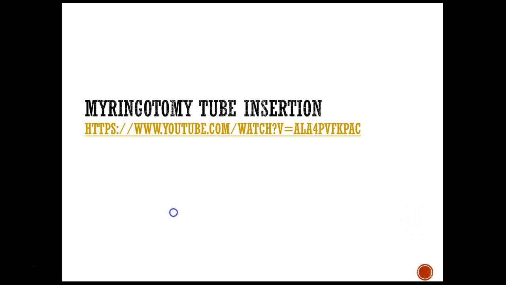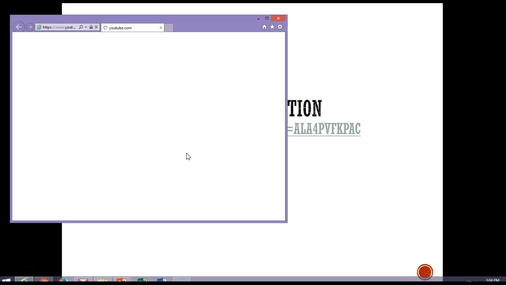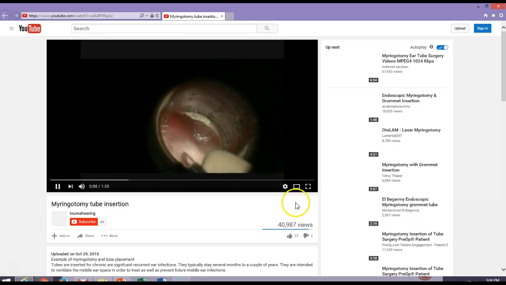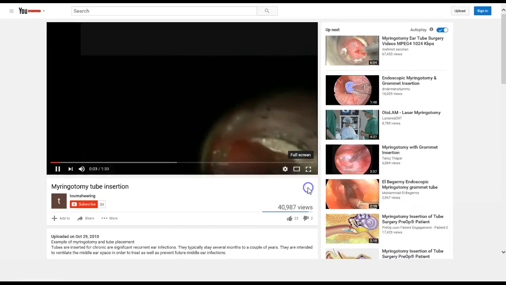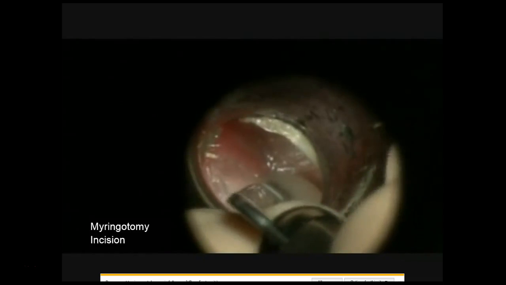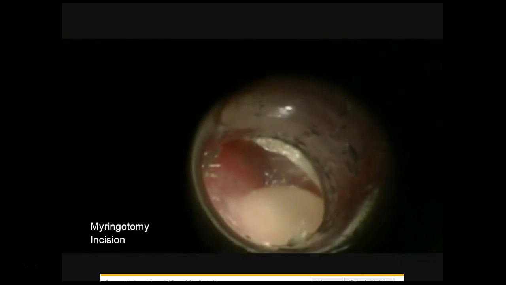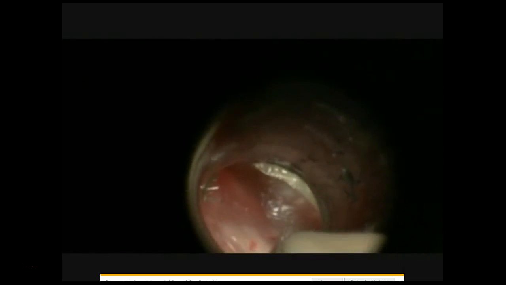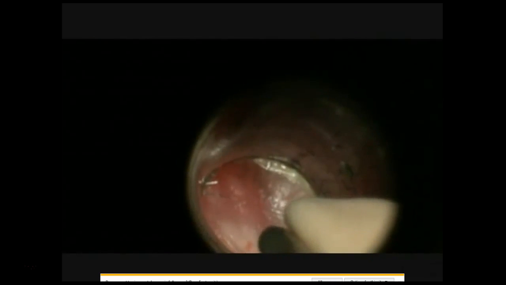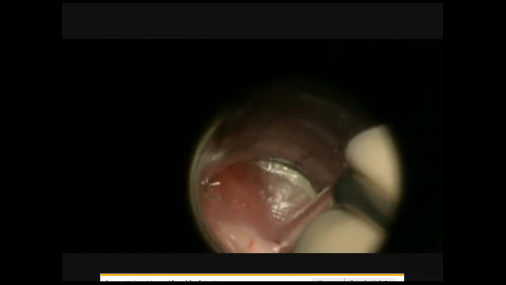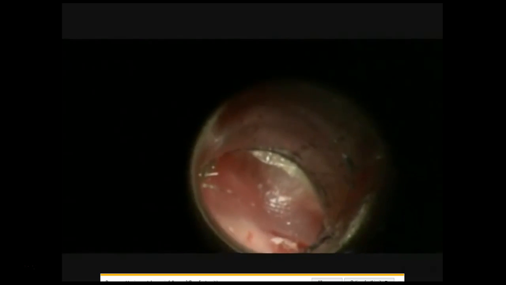And we're going to watch a quick video on tube placement. And so what you see here is that they are actually incising the tympanic membrane. There you saw him suck out the little bit of bleeding that was occurring.